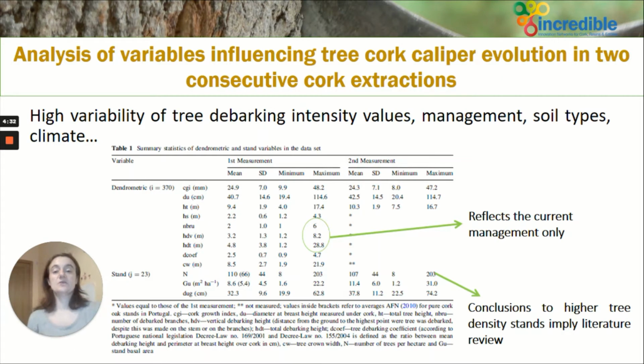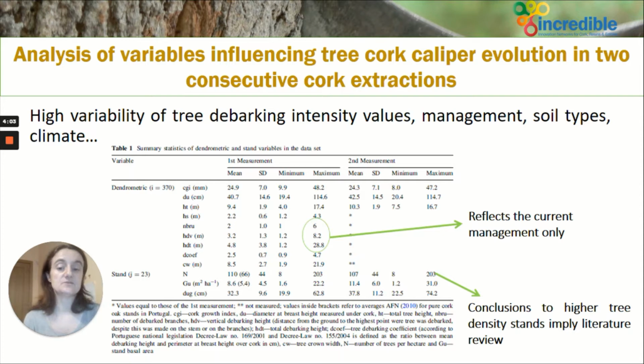Okay, so of course it is very important for us to have very clearly what's the variability of the variables that we are considering, and in this table you are able to see a summary of the statistics of the dendrometric variables and of the stand variables that are included in each one of the measurements that were carried out in the plots.